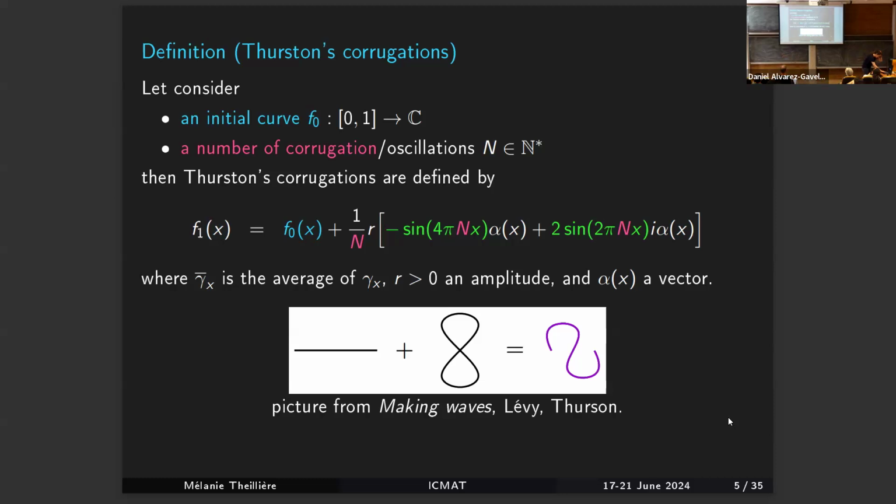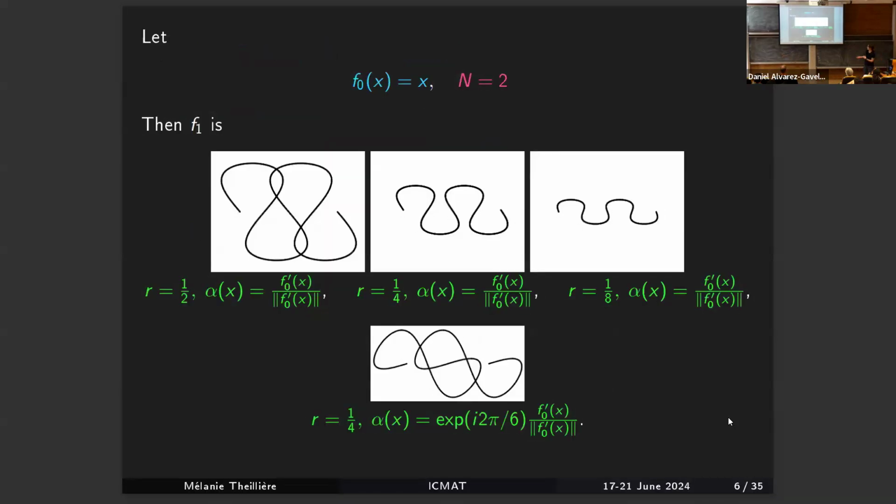introduced by Thurston. Let's see what happens when we change the parameters a bit. Here I just consider the segment F0, which has two corrugations in the plane. We see there are only two oscillations. Here R is the amplitude, and alpha is a vector which directs the oscillation.